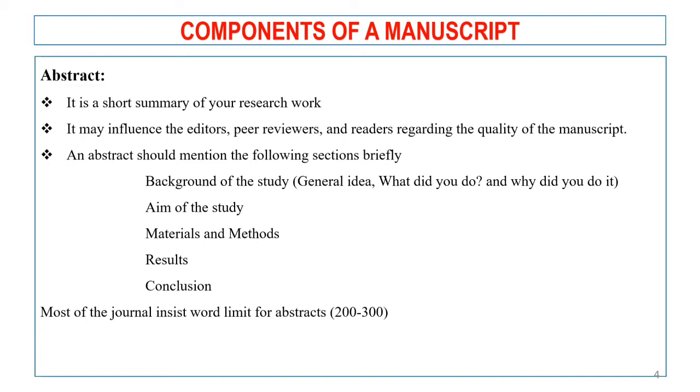The abstract may influence the editors, peer reviewers and readers regarding the quality of the manuscript. An abstract should briefly mention the following. You have to explain the background of the study, the general idea, what you did and why you did it, and then the aim of the study.